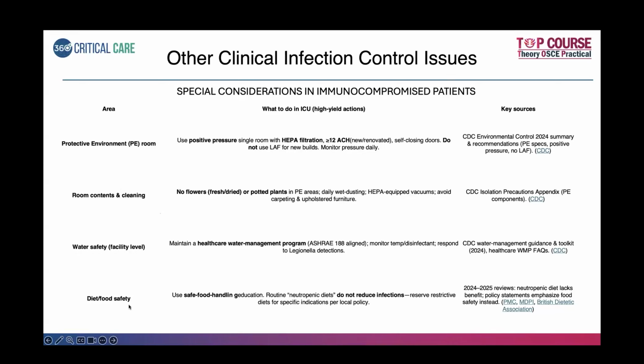With regard to diet and food safety, use safe food handling education. Routine neutropenic diets do not reduce infections. Reserve restrictive diets for specific indications or local policy. These are the few things you need to keep in mind when managing immunocompromised patients. The most important of them all: no flowers or potted plants, a well-implemented healthcare water management program, and very meticulous food handling.